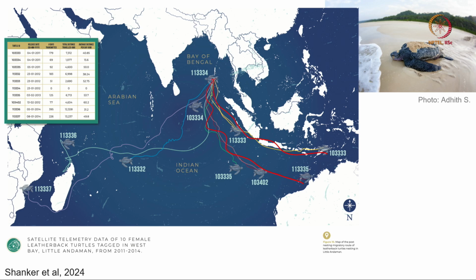And after a couple of years in these new areas, they return to the Bay of Bengal and to the islands to breed again. And the reason they go to the southern hemisphere of Africa and Australia is because they feed on jellyfish, which are easily found in the warmer waters.